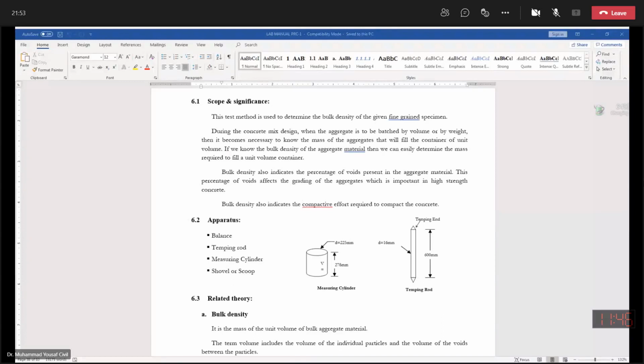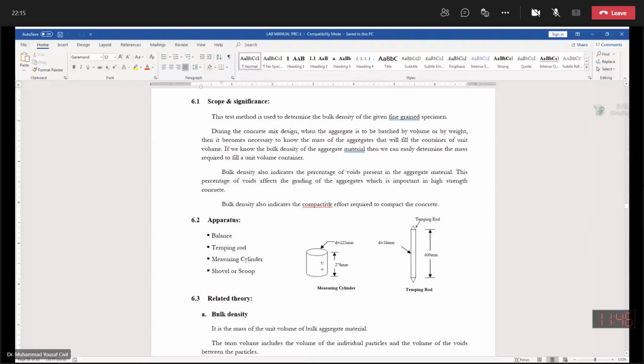Compactive effort means, for the compaction of the material, what effort has been utilized to compact the concrete. So it will also tell you about the effort needed for complete compaction of the concrete. So this is the significance.